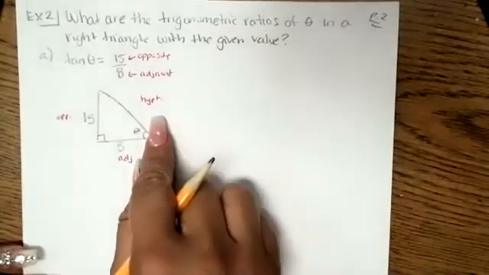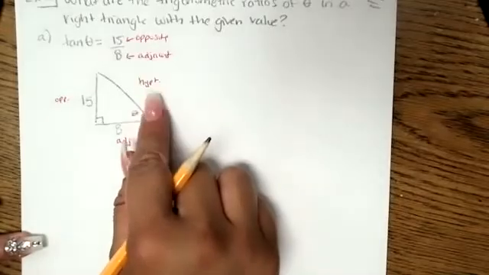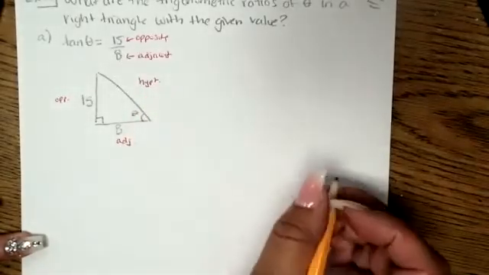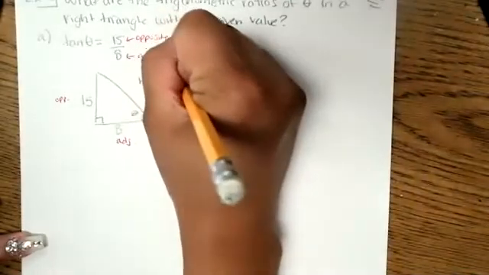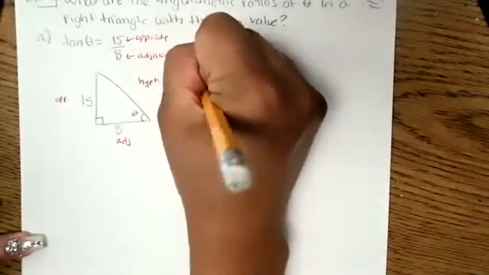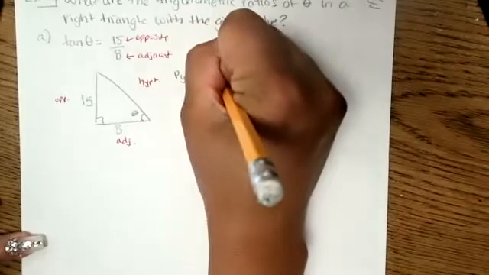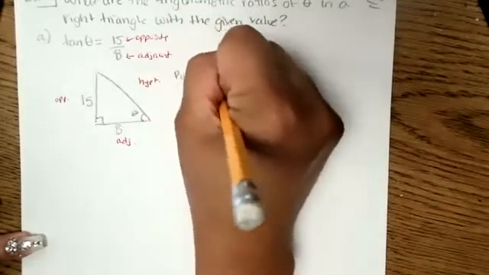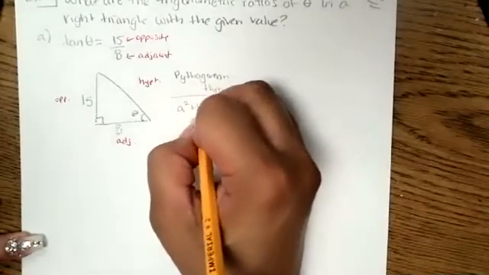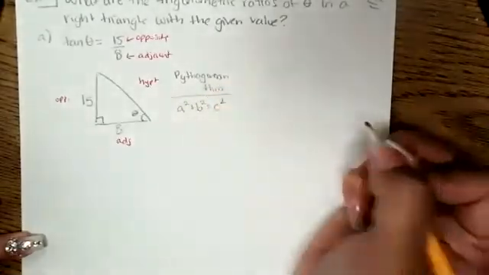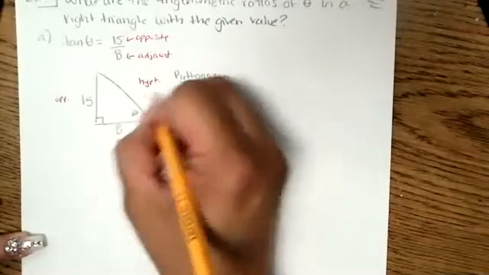What they didn't give me was a hypotenuse. So I need to find out what the hypotenuse is. And the way that I'm going to find the hypotenuse is by doing the Pythagorean theorem. I have a squared plus b squared equals c squared. I don't know what the hypotenuse is.